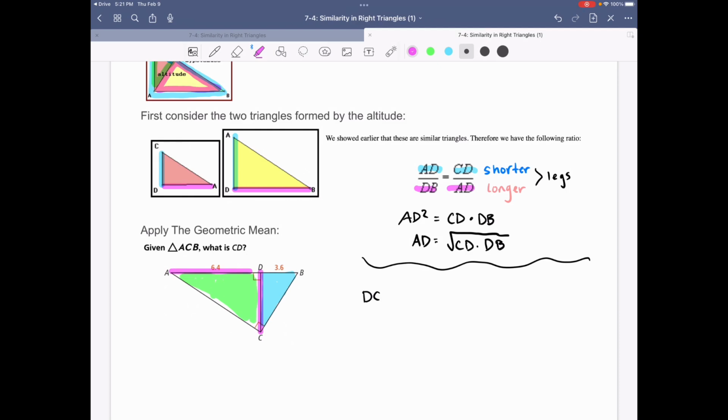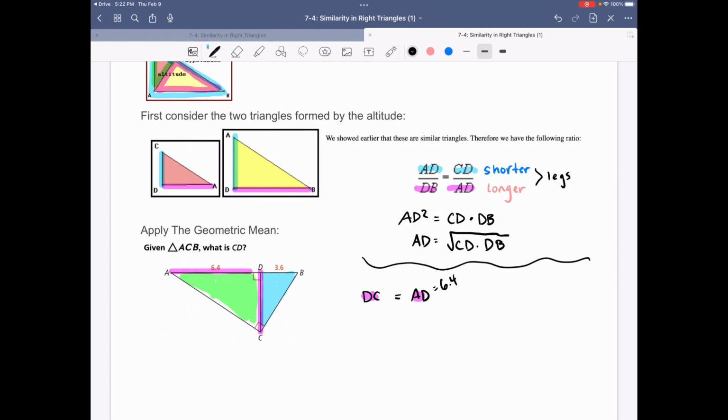So we compare those and we would say that DC is equal to AD, right? Because those are the corresponding sides, the longest leg. And we can just keep this over here in a thought bubble, that AD is equal to 6.4, which is helpful.